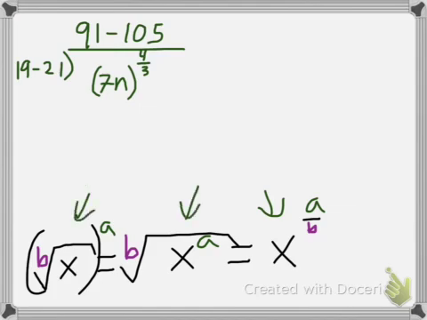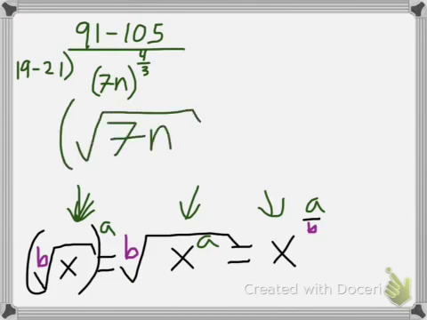Let's go with the middle one just because. So we have the square root, and the 7n comes on the inside, put parentheses around the outside. The 3, the denominator goes there, and the 4 goes there.